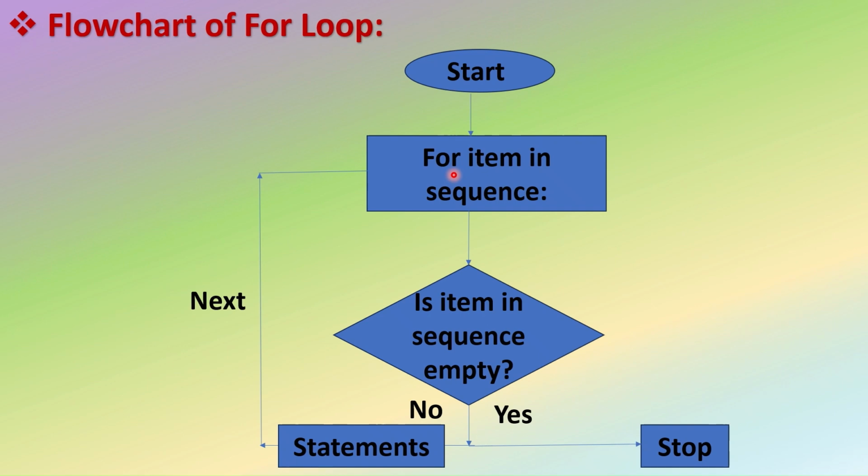So once the execution of the for statement is done, or if there are no items in the sequence, it stops executing the for loop and then finally executes the set of statements after the for loop. This is how the flowchart of the for loop looks.